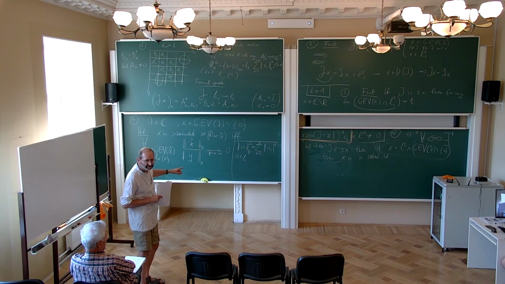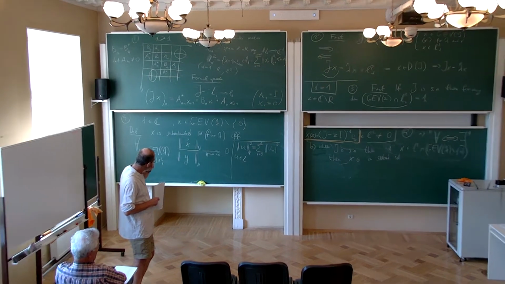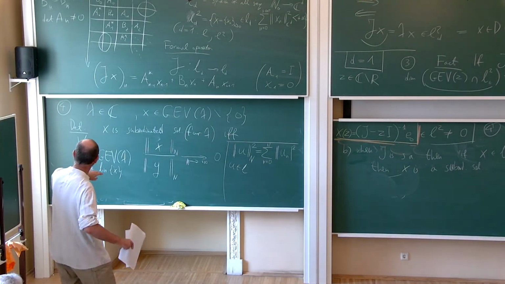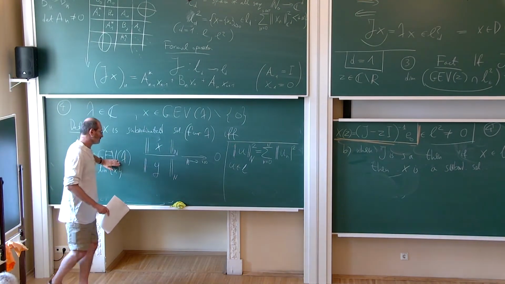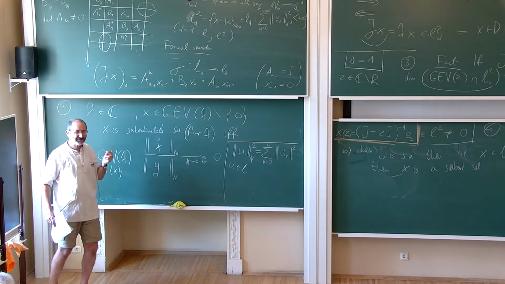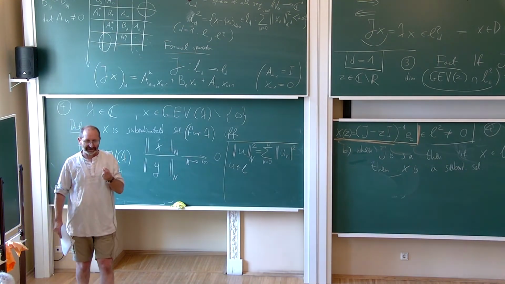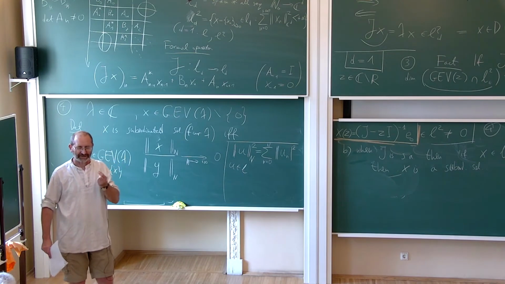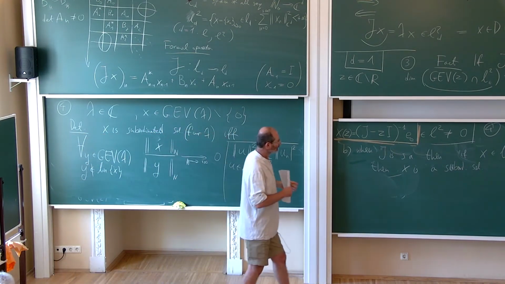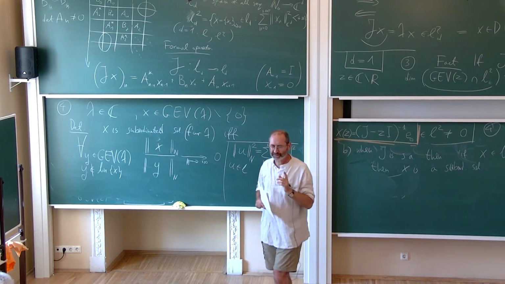Let us assume this case, and we consider x and y the eigenvectors that correspond... No, these are not eigenvectors of the operator. These are only generalized eigenvectors. These are the solutions. Yes, this is a two-dimensional space.